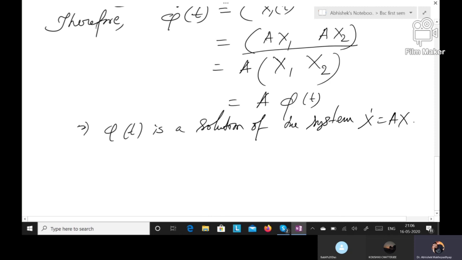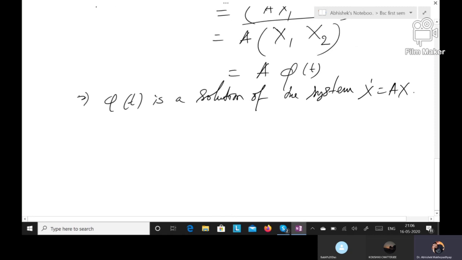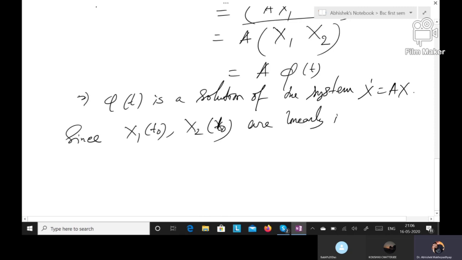And for the second one, it is obvious that since we have already specified that the column vectors x1, x2 at the point t0 are linearly independent, we can say that their determinant must be non-zero.